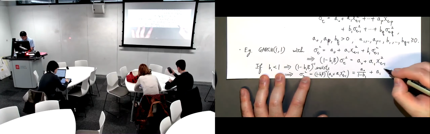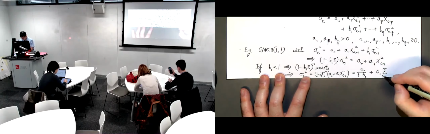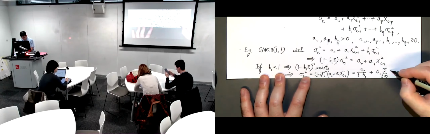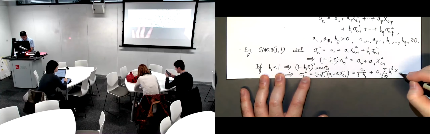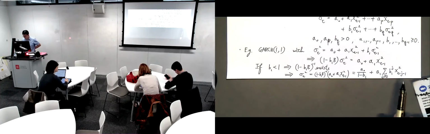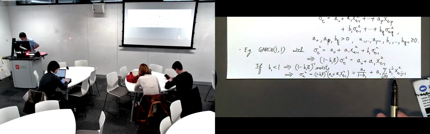I'll do it quicker this time, so you verify this. So it's basically the inverse of 1 minus b1 B applied on a0, that will be a0 divided by 1 minus b1. And applied on x t minus 1 squared, it becomes the sum of b1 to the power j times x t minus 1 squared, taking j steps behind, that is x t minus j minus 1 squared.